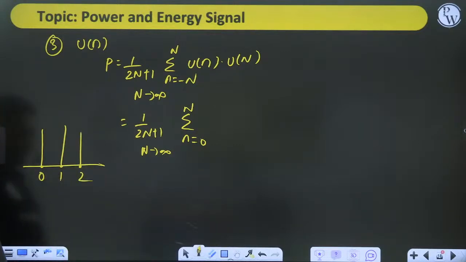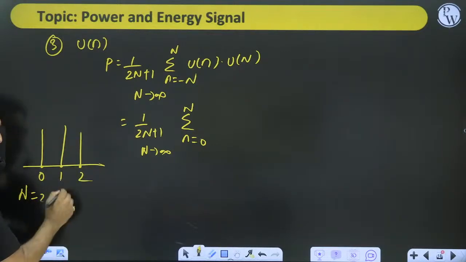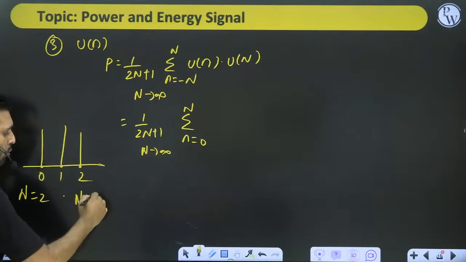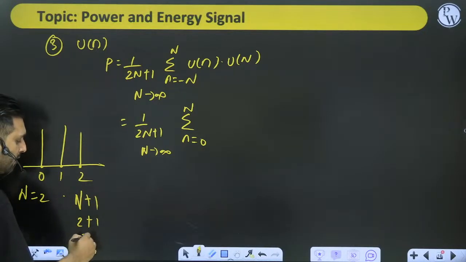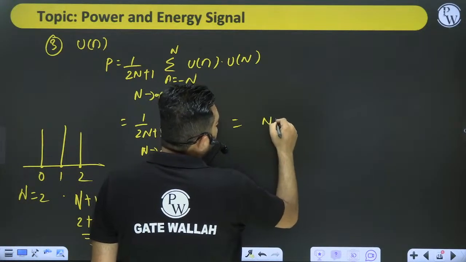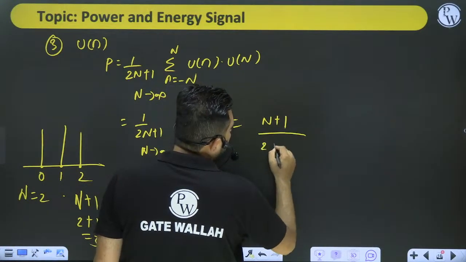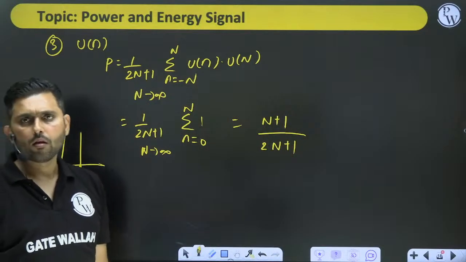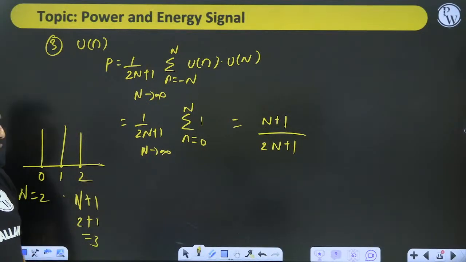What you will get? N value is 2. What you will get? 3. I will get 3. So it is what? N plus 1. 2 plus 1 is 3. This is equal to n plus 1 upon 2n plus 1.